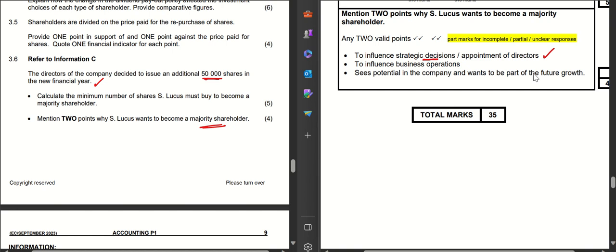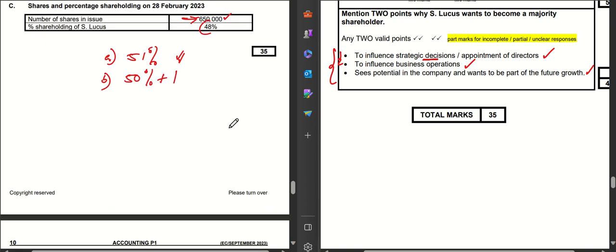The next one is to influence business operations. I've seen these points coming in several papers, all right? And then the third one is that he sees potential in the company and wants to be part of the future growth. I want to believe you guys have seen these answers in the past. So you need to keep studying on these aspects if we are to make it.